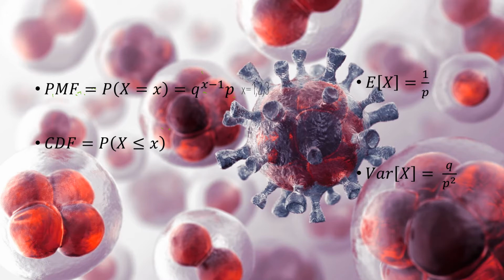And the cumulative distribution function is you are accumulating all the probability mass function, which is P of X less than or equal to x, which is nothing but the summation. And in this discrete distribution, you can find the two values, expected value and the variance.